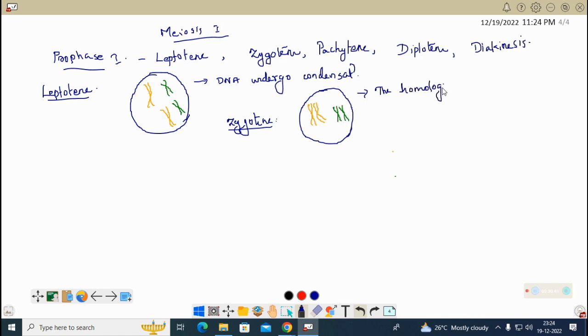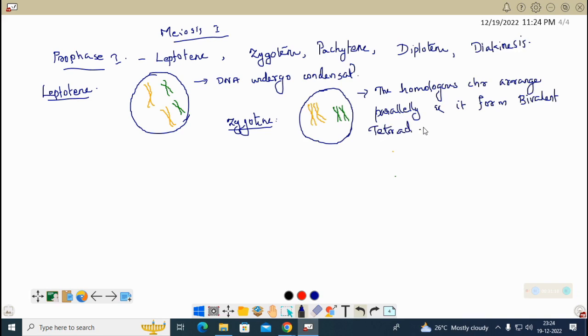So in the zygote stage, we can see the homologous chromosomes arranged parallelly. What is a homologous chromosome? Chromosomes received from father and mother are homologous chromosomes. Here the homologous chromosomes are there with the sister chromatids, arranged parallelly, and they form the bivalent tetrad structure.